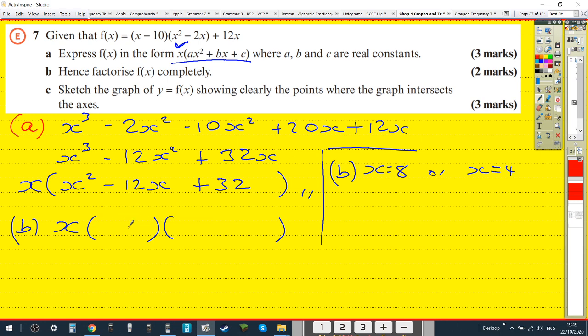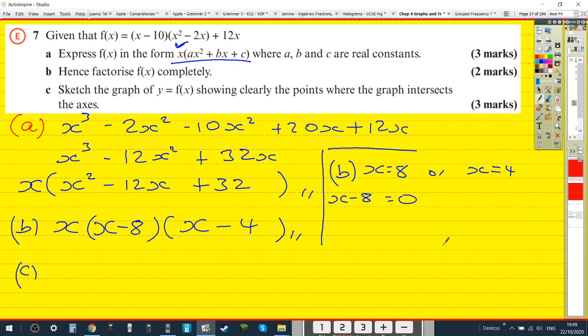Well, if x equals 8, then what would be equal to 0? X minus 8. So would that mean the bracket? Yeah. And the other one would be x minus 4. Well done. And then question C, sketch.